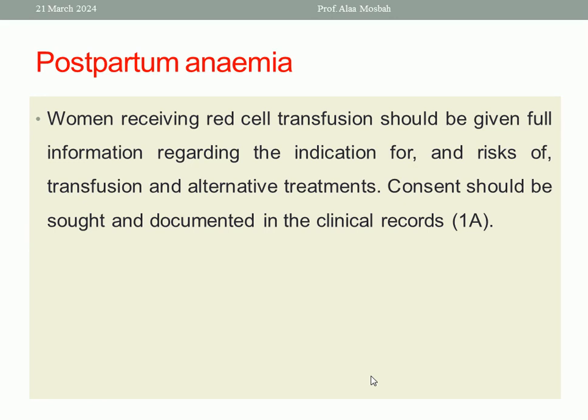Of course, you should tell the patient the advantage, the indication for red cell transfusion, and the risks also. And if there is alternative treatment, and you should take consent before red cell transfusion.